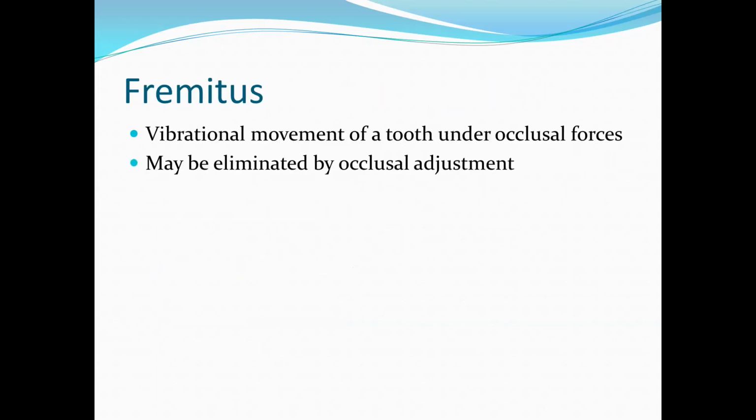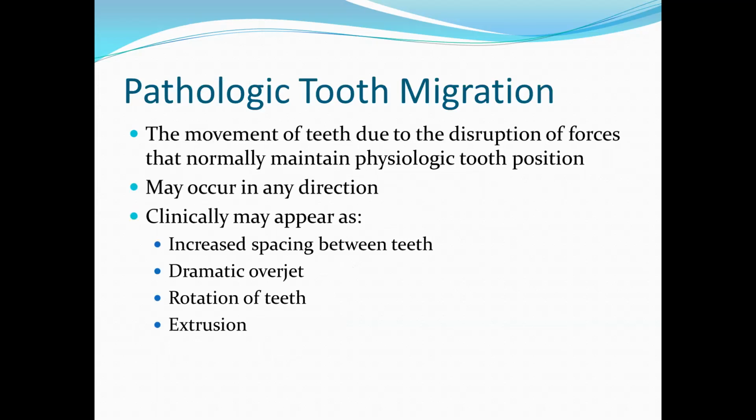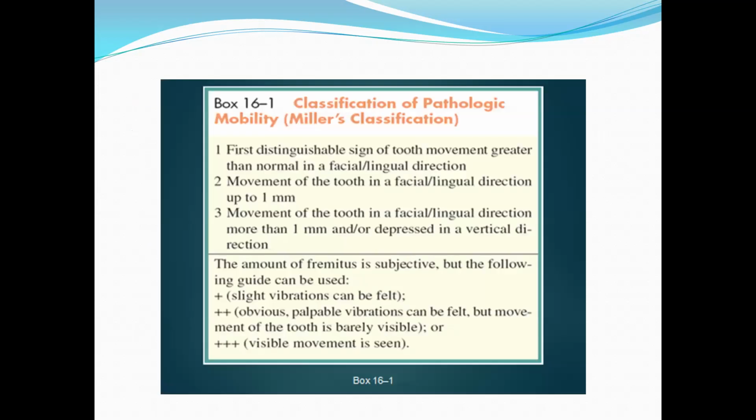We're looking at tooth migration, if there are any missing teeth, or if there's periodontal disease. Teeth migration, think about an open bite with the anterior teeth. Miller's classification of mobility, 1, 2, and 3.